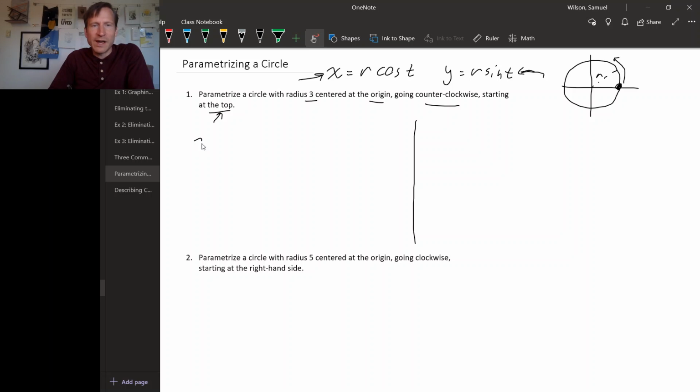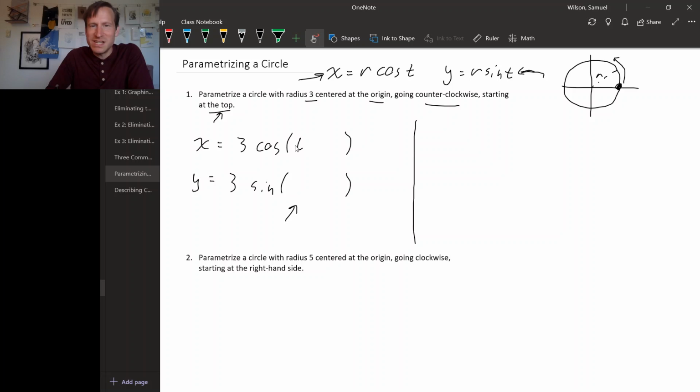So one way is, we can use our general template for parameterizing a circle. So x is r, which is 3, times cosine of t, but I'm going to leave this angle blank for a minute. And y can be 3 sine of something. But since we want to start at the top, we don't want our initial angle to be 0.